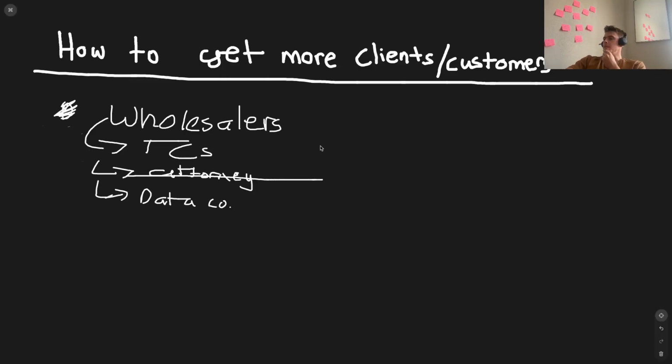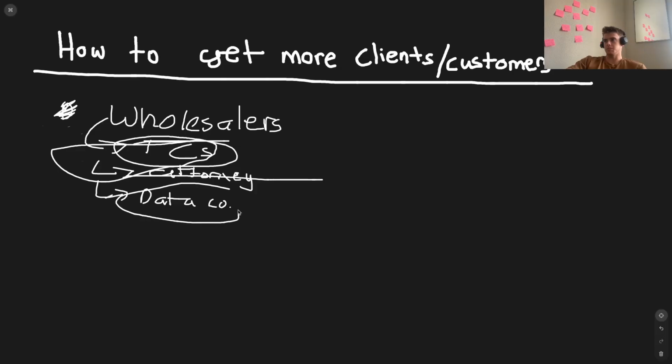So these are different people that you could reach out to and get more wholesalers for. The whiteboard's terrible on my computer, I need like an iPad or something. So these are more people you could reach out to, TCs and data companies, if you wanted more wholesalers.